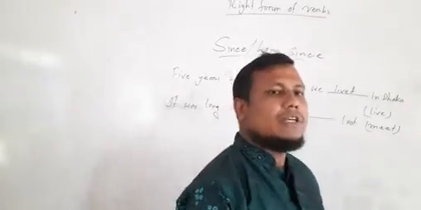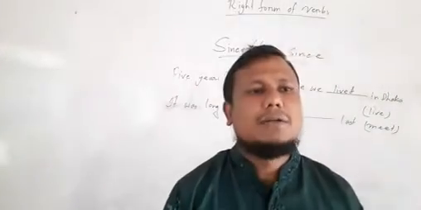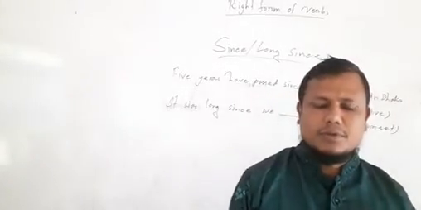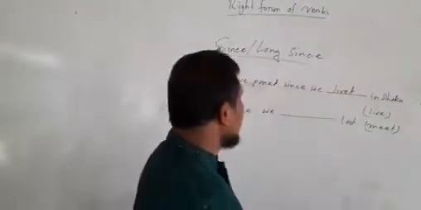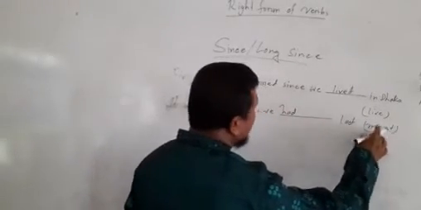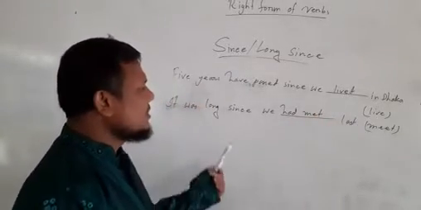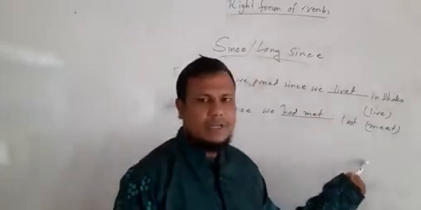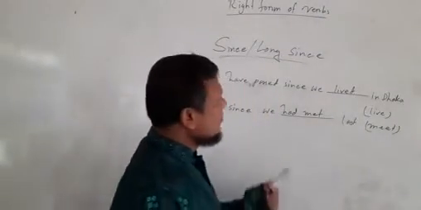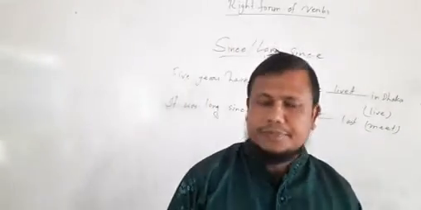You know, the structure of past perfect is had plus V3, or had plus past participle form of verb. So we can use had and past participle form of verb meet, I mean met. It was long since we had met last. So you can fill in the gaps by using this rule in this way.